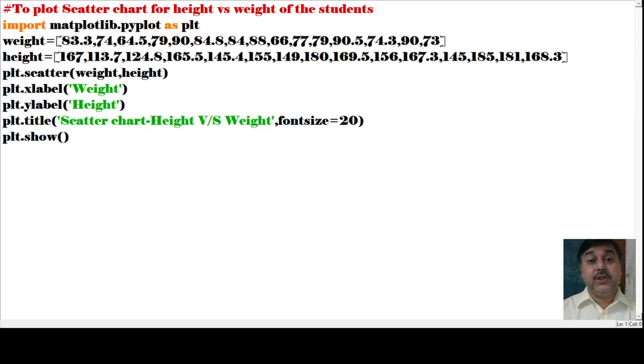Pyplot has been called here as plt. Seeing this part, we will have a certain pattern or structure of the design, and let us see what the output will be.